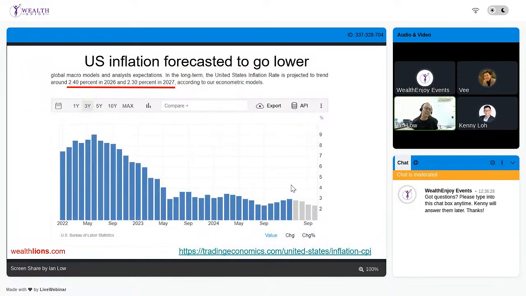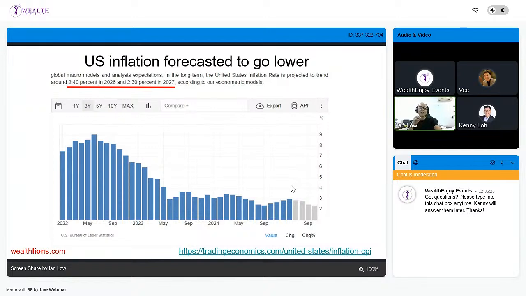In the next few slides, I shall be sharing with you how I see the current market or current economic situation. But V has done a great job, and likewise for Kenny.